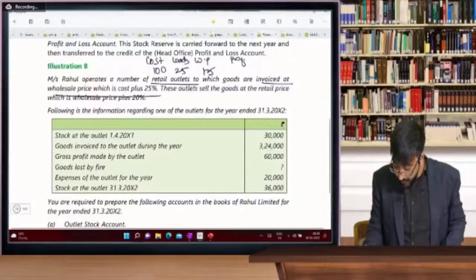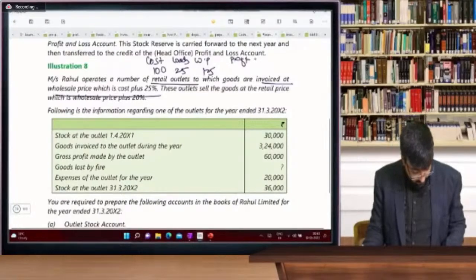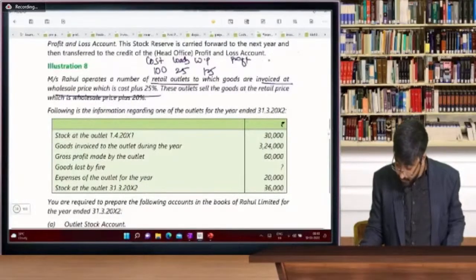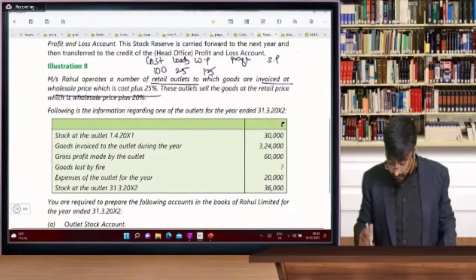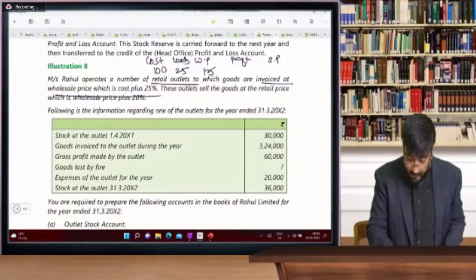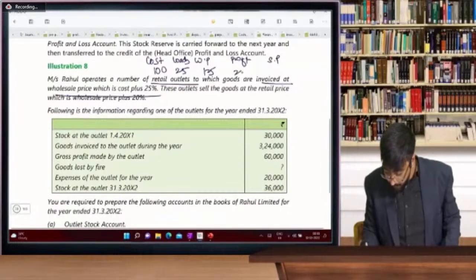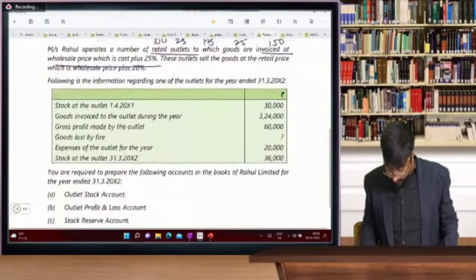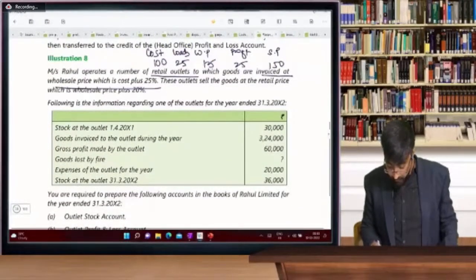And profit, selling price. So 125 into 20%, 150. So this is the equation.